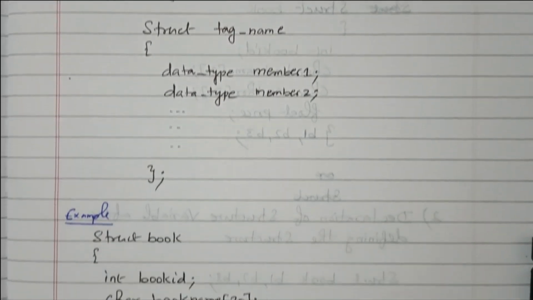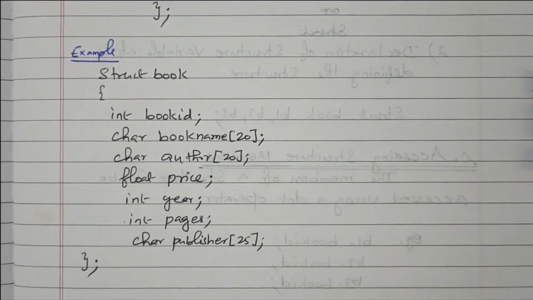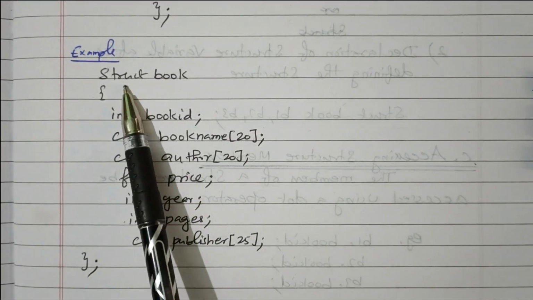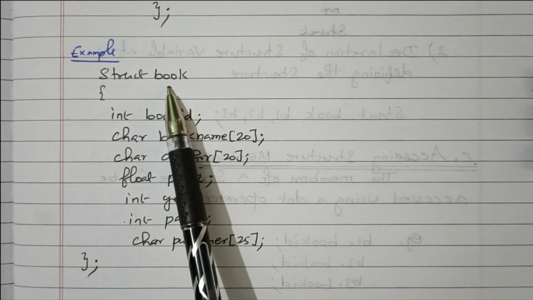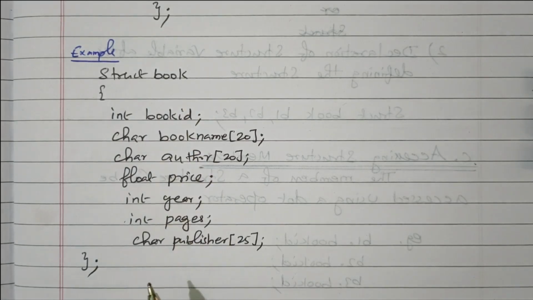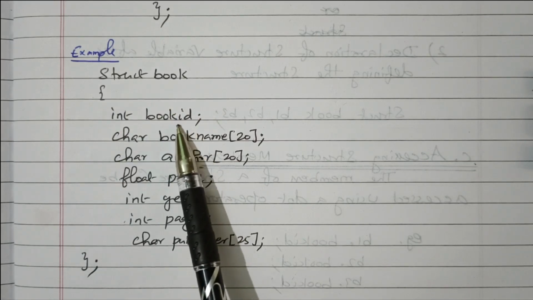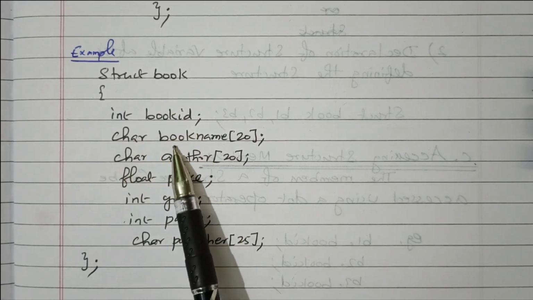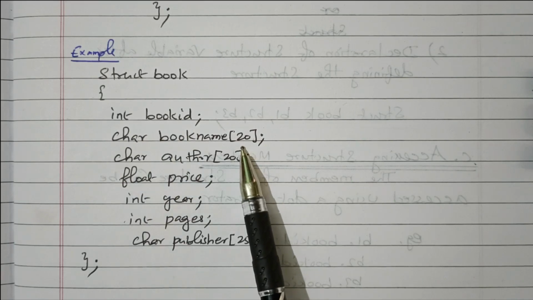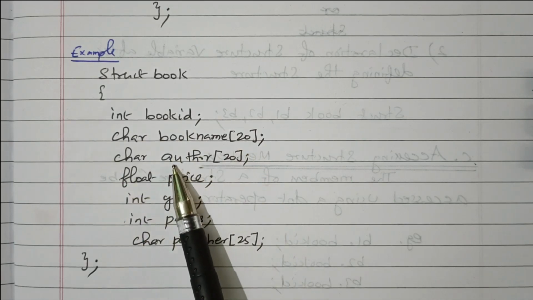Now we'll see one example. How to define a structure? struct, this is a keyword. The structure name is book. So the book related data are declared here. What are the data? Integer book ID. Book name with 20 characters is declared as a character array.